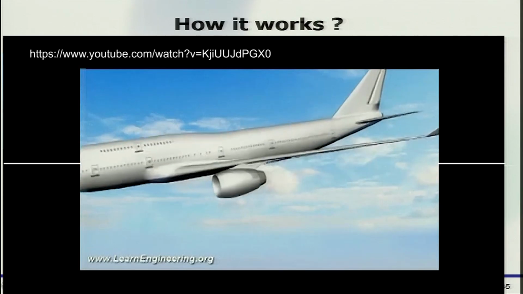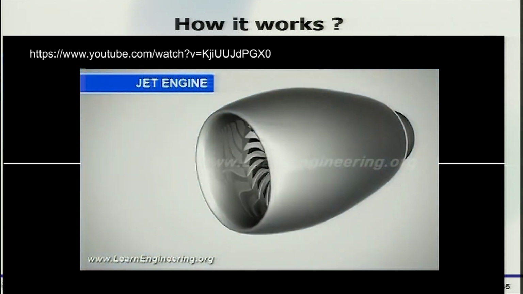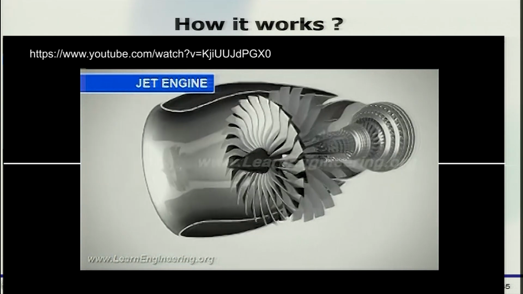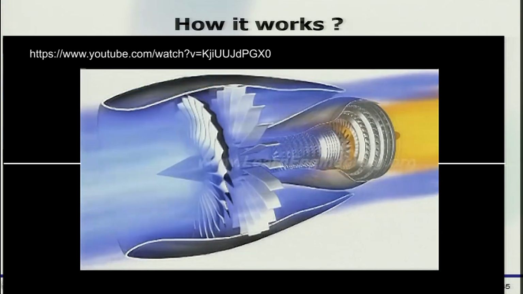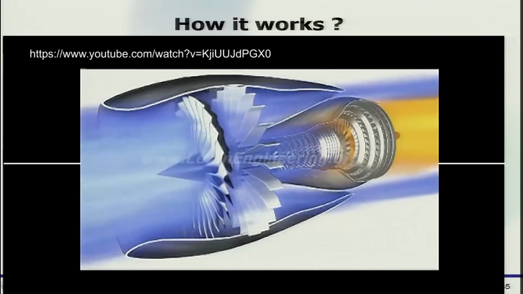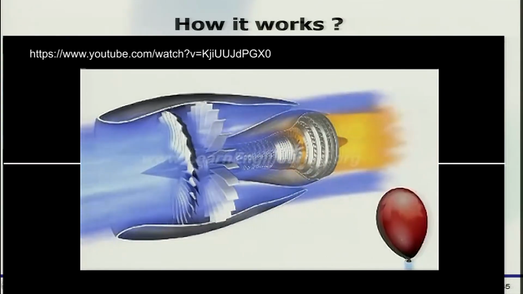Jet engines have been the successful drivers of aircraft for nearly a century now. In this video, we will explain the technology behind the jet engine in a logical, step-by-step manner. A jet engine keeps an aircraft moving forward using a very simple principle, the same that makes an air-filled balloon move.